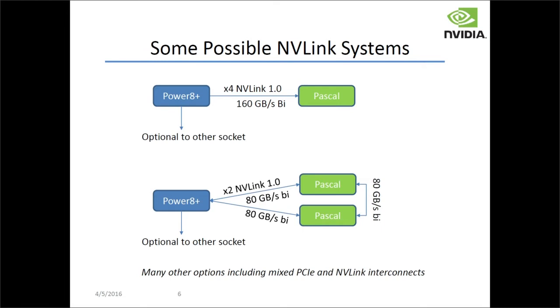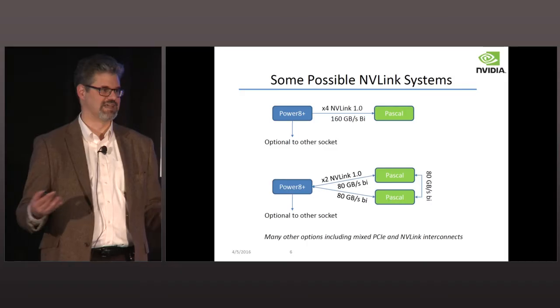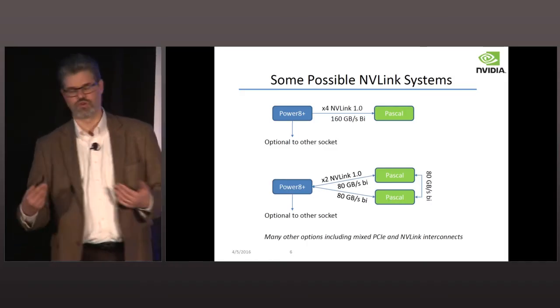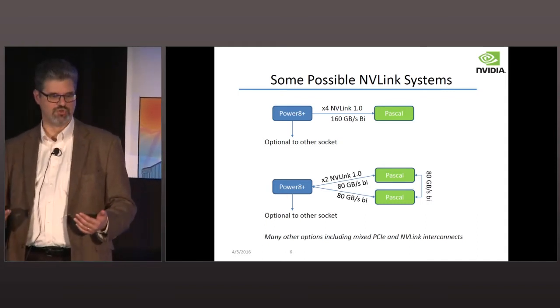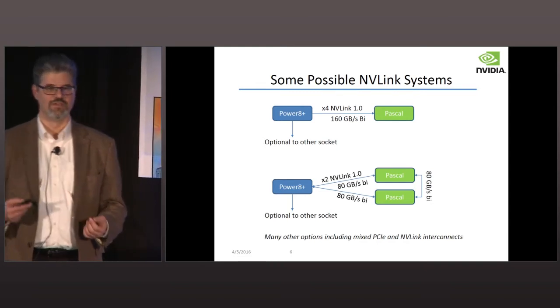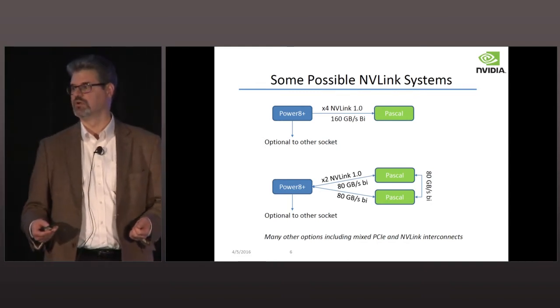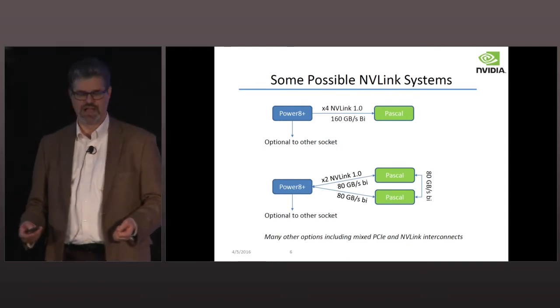So I mentioned that the motherboard plays a part here. The NVLink interconnect is an electrical interconnect. It's got to be wired up. So there are a number of options for how to build systems. And one of the nice things about OpenPOWER is it's an innovation-friendly platform.